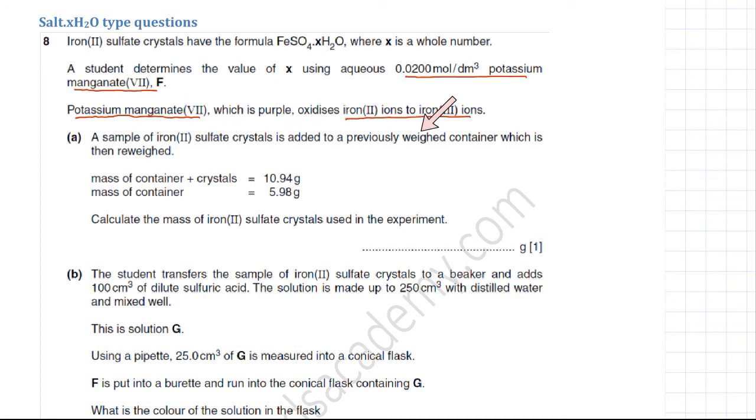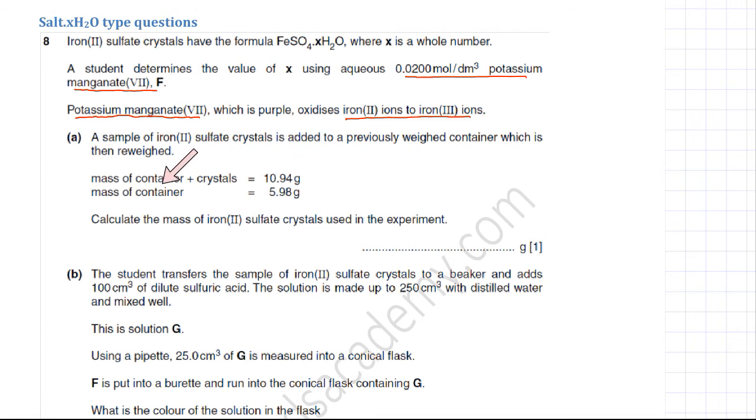Starting with the first part, the question states that a sample of iron 2 sulfate crystals is added to a previously weighed container, which is then reweighed. The mass of the container plus the crystals is given. It's 10.94 grams, and the mass of the container is also given. You are asked to calculate the mass of iron 2 sulfate crystals used in the experiment. So we're going to subtract 5.98 from 10.94.